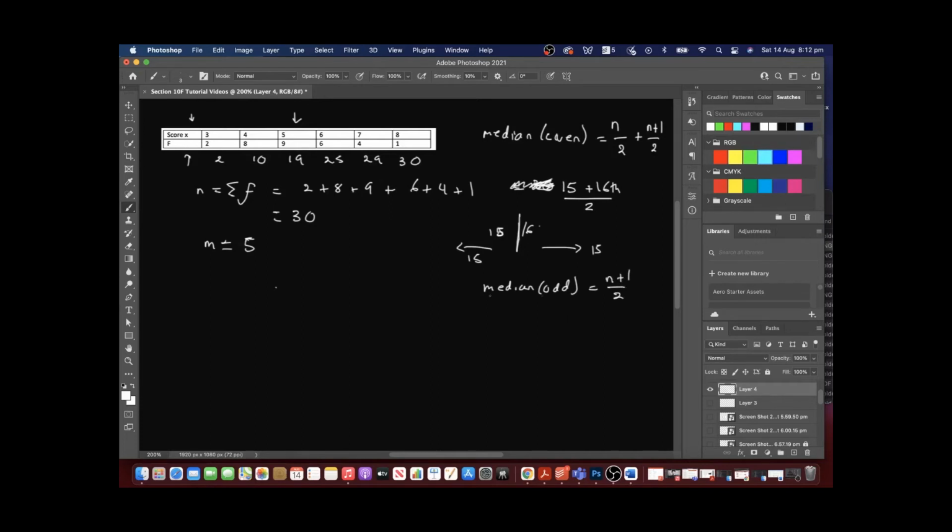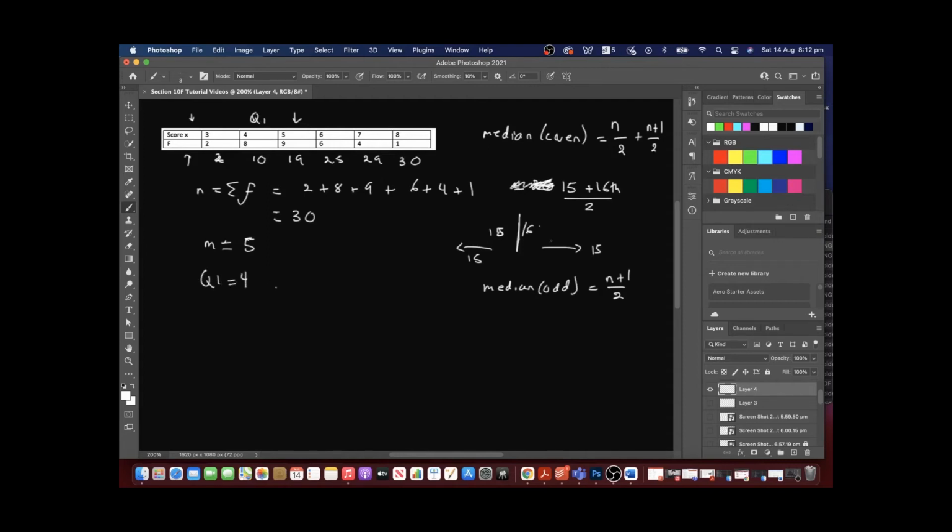So we've got 15 values, so 15 plus 1 over 2 is 16 divided by 2, which is going to be 8. So our 8th value along is going to be our quartile 1. These are our first 2 values here, and then our 8th is going to be in here. So our quartile 1 is going to be equal to 4.